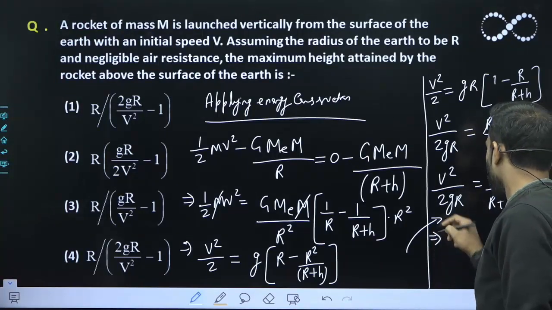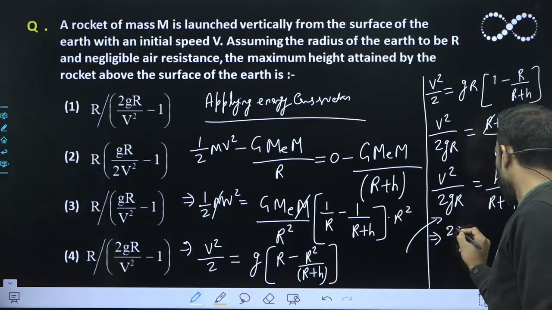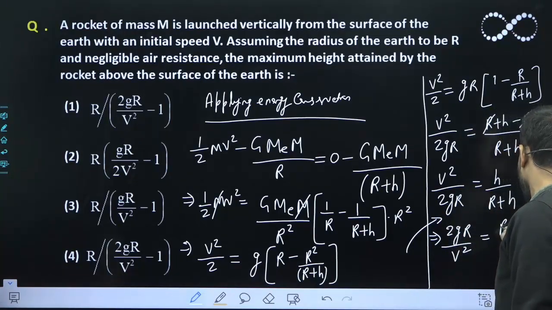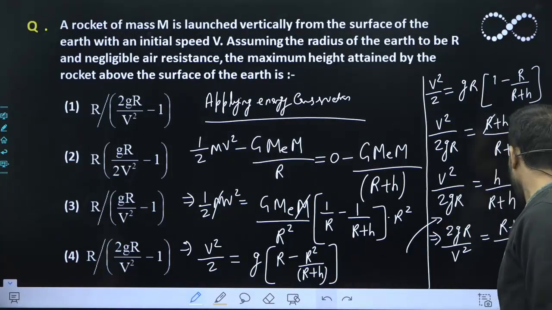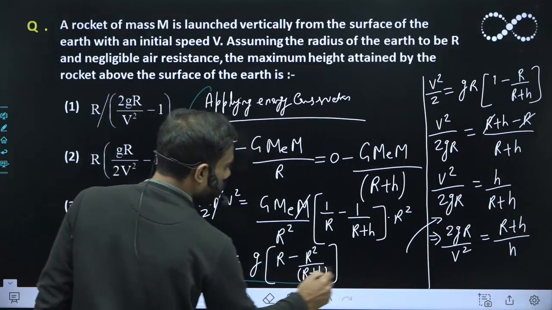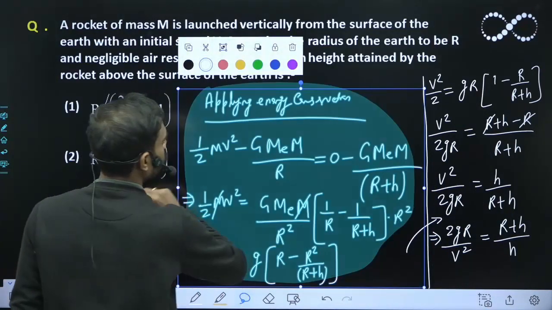I can do the reciprocal on both sides, so that will become 2gR upon v squared is equal to R plus h divided by h. I need some space here, so I am making some space free.